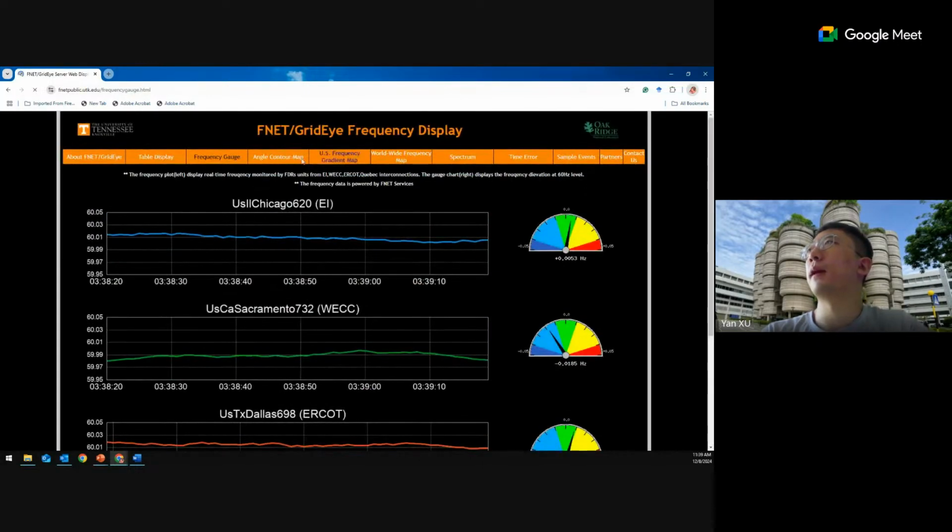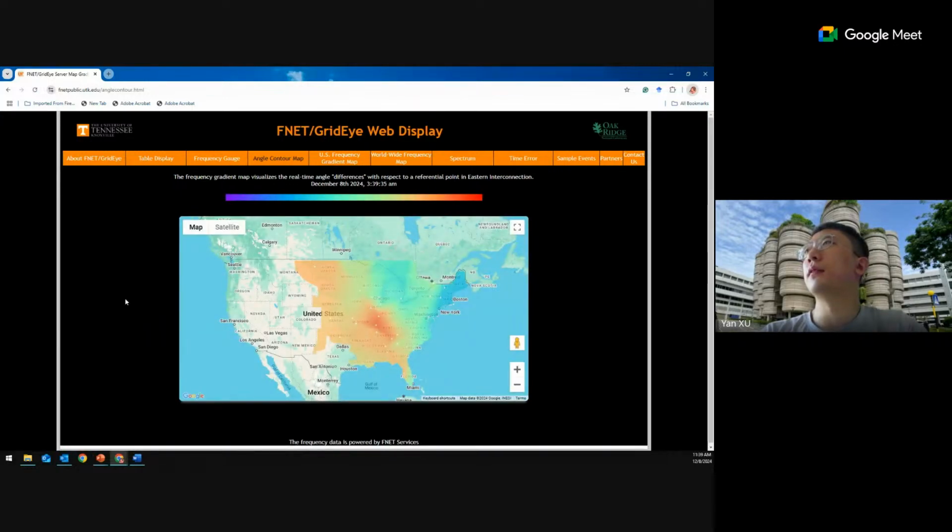Right, this is a frequency measurement, and then this will be a phase angle display. Now here you can see different colors represent different values of the phase angles. The dark one stands for the small value of the phasor angle. The red one stands for a higher value of the phase angle.